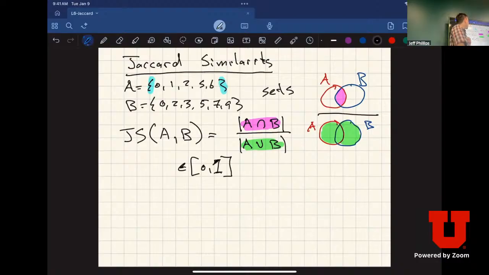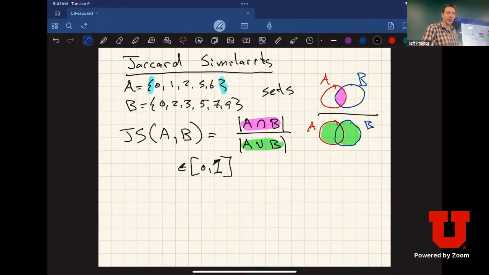That means greater than or equal to 0. It could be 0 if the intersection is empty, if the two sets do not intersect. And it's at most 1, which means the numerator is always smaller or equal to the denominator. Well, the intersection is always smaller than or equal to the union of two sets. So it's between 0 and 1.